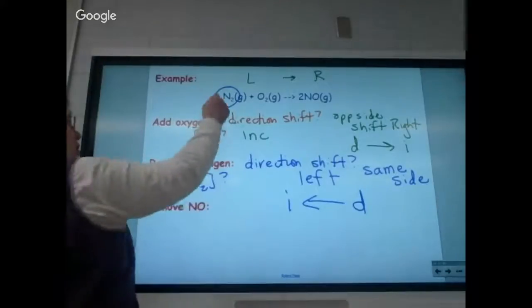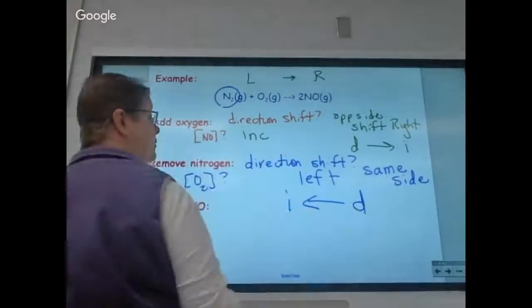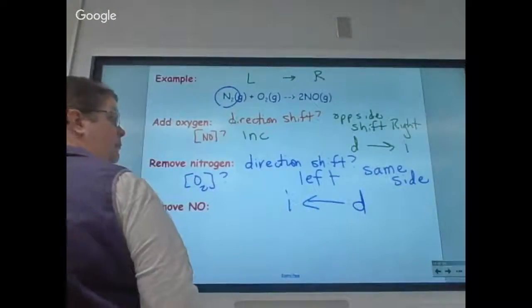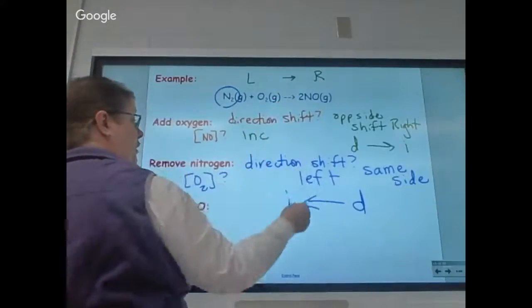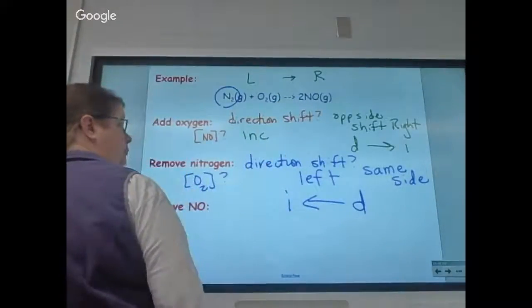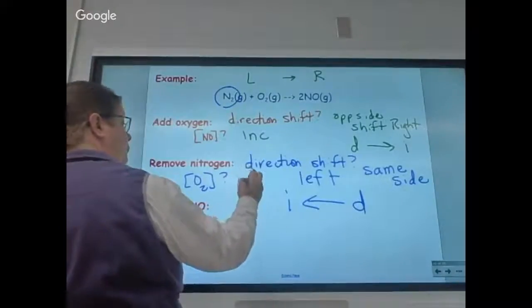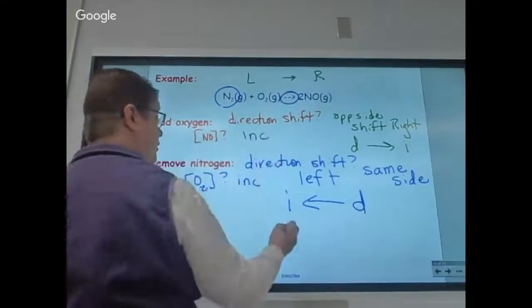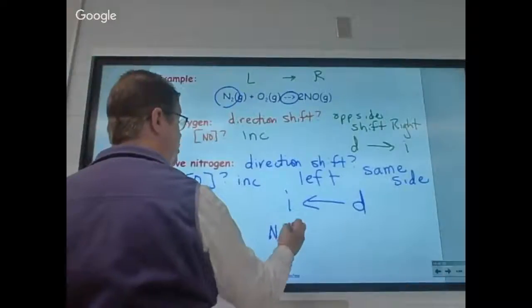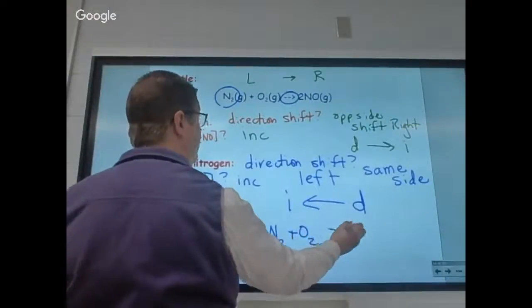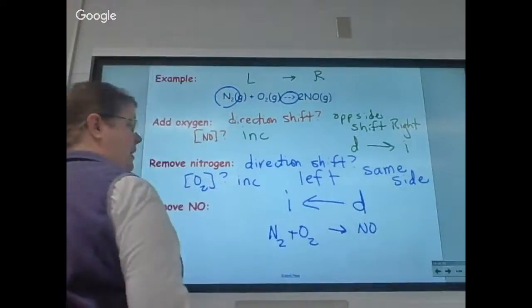So is N2 on the left or on the right? Look at your arrow. Is it on the left or the right? If I write the equation, N2 plus O2 yields NO, where's the N2 at?